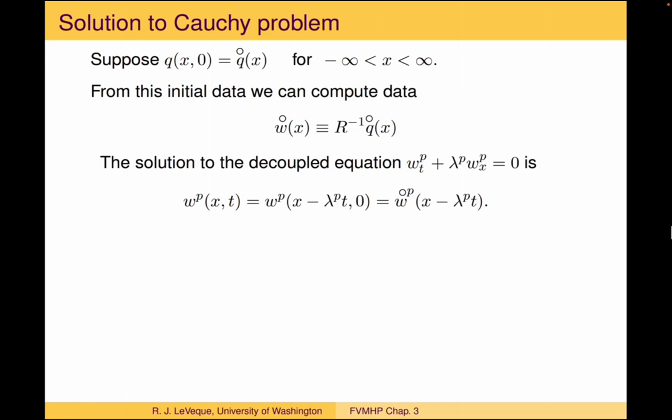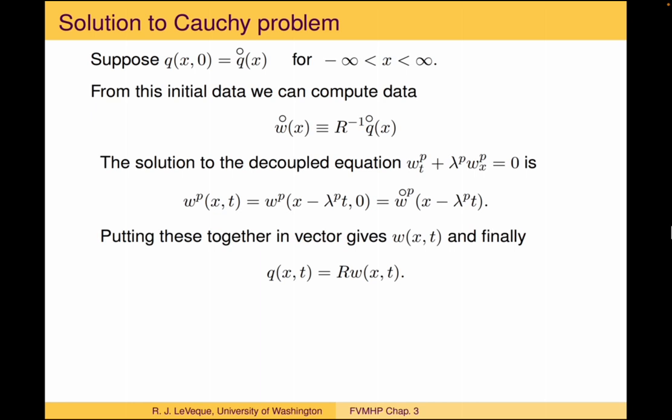That's the solution of the pth advection equation propagating at speed lambda p. And then once we have all of these wp's, if we put them into a vector w and multiply that vector by R, that gives us back q.